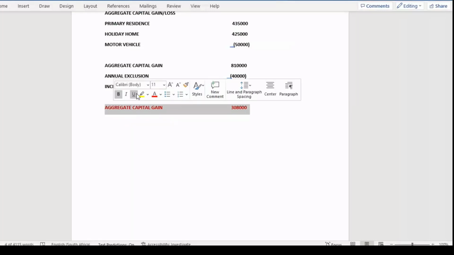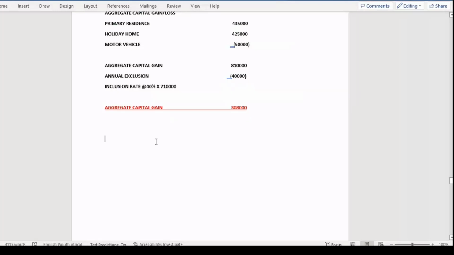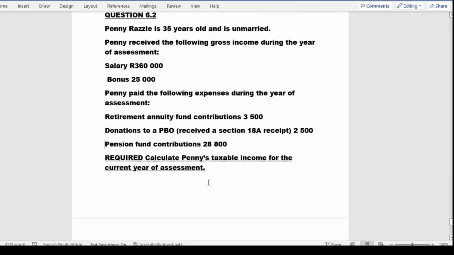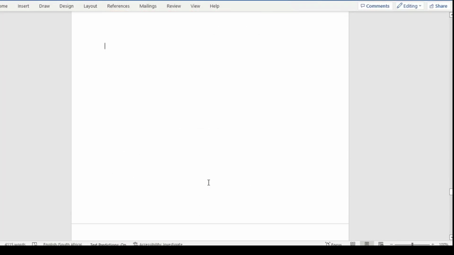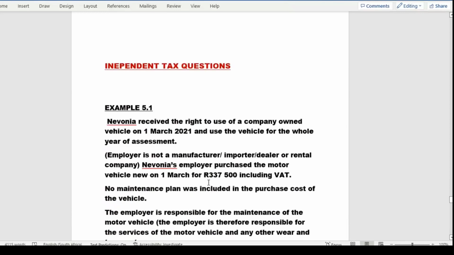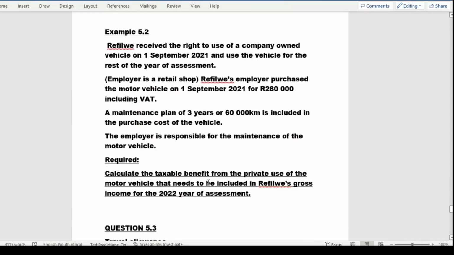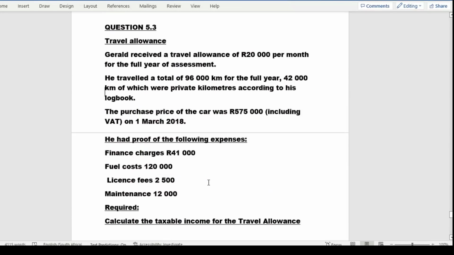So that gives us the final figure. All right, we're going to go back a bit. I've developed some other independent questions. I think there are 2 or 3 here, and then we'll just wrap up things.